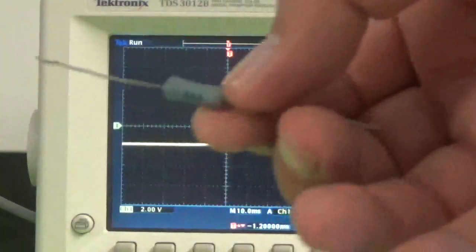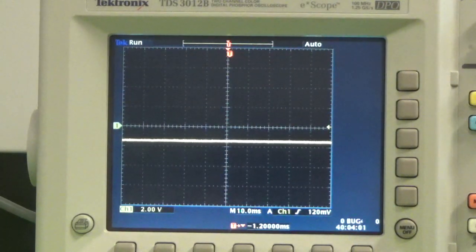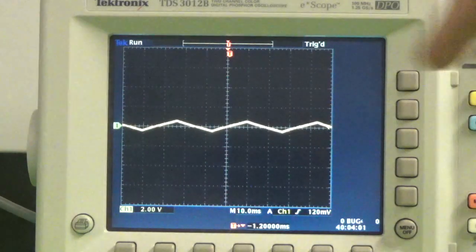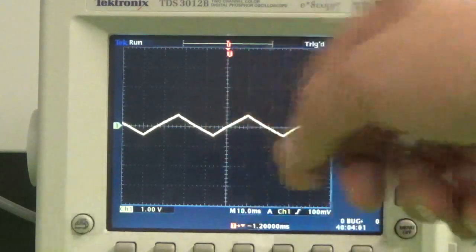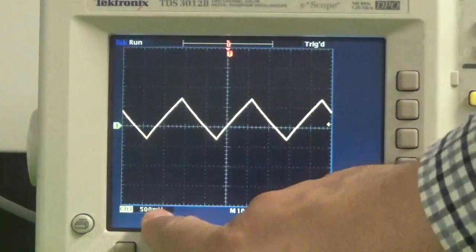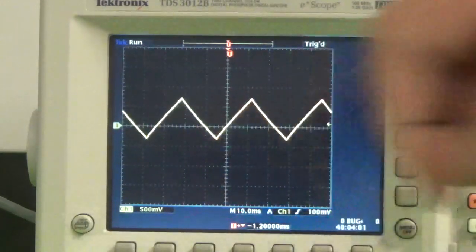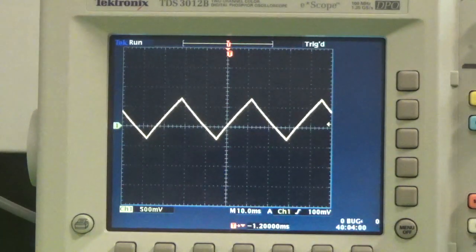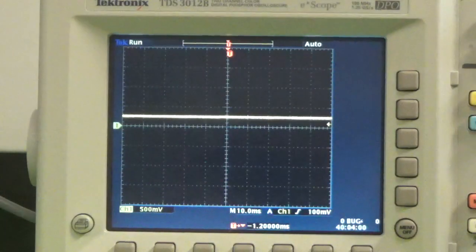And I will use now 10 kilo ohm. So let's use 10 kilo ohm and see what will happen. So this is with 10 kilo ohm. So the signal is very, very small, as you can see right here. You can see here we have like 50 millivolt right here. So it's very small. I will now remove the 10 kilo ohm and then try to use 1 mega ohm.